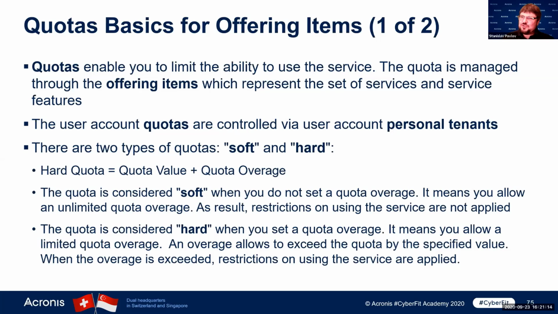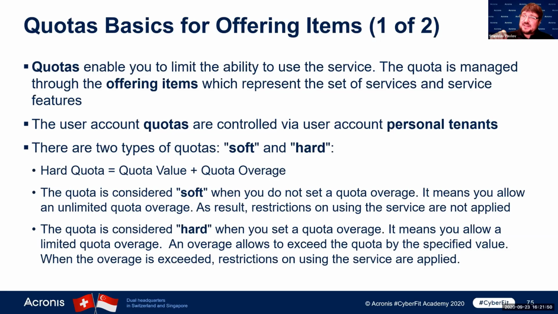In reality, we have two values in the quota object. It's a value and average. And in reality, it's quite simple. We have a value which is treated as a soft quota. In this case, if you reach this soft quota, you just receive a notification, but no service will stop working. It continues to work, but you just receive this notification.